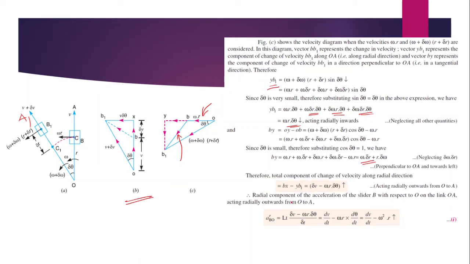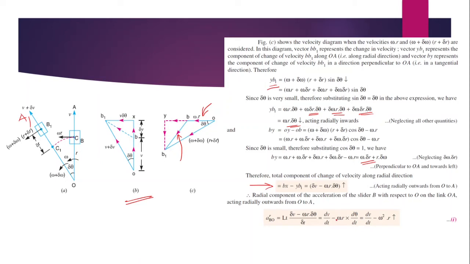Then the radial component of the acceleration is equal to the limit, as delta t tends to 0, of (delta v minus omega r delta theta) divided by delta t. That's equal to, for the first term, limit delta t tends to 0 of delta v by delta t, which is dv by dt, minus omega r into delta theta by delta t, which as delta t tends to 0 will become d theta by dt.